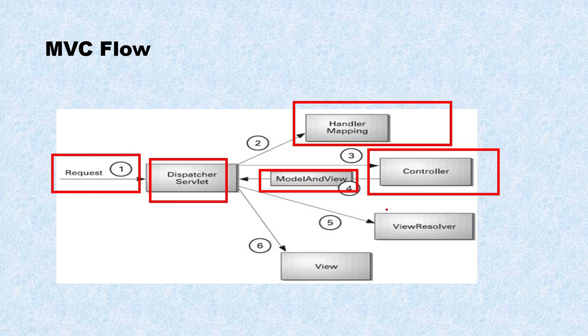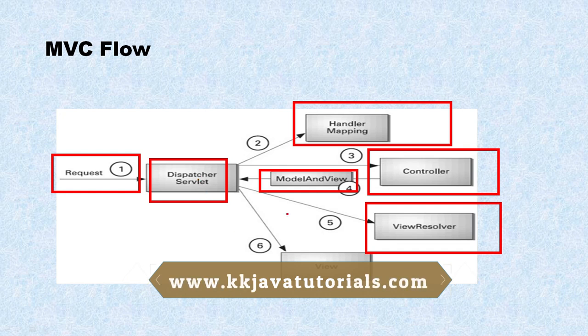The InternalResourceViewResolver we have already seen tries to find the appropriate view by taking the logical view name from the model and view, applying the prefix and suffix, and resolving the view name. Finally, the dispatcher servlet sends the model and view object to that view, and the view is rendered with the appropriate data extracted from the model and view. That's the control flow of Spring MVC.